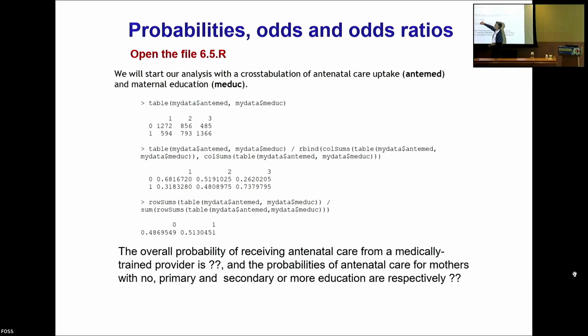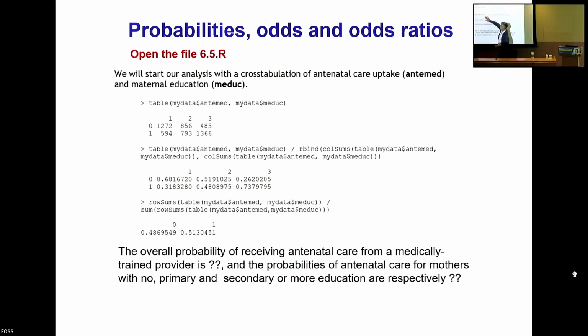So 73% of mothers who had secondary school education received antenatal medical care, in contrast to just 32% of mothers who had no education.